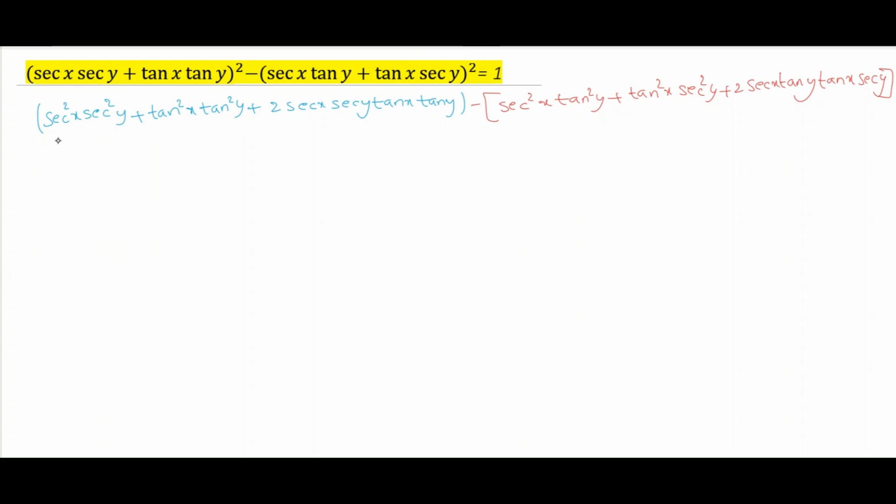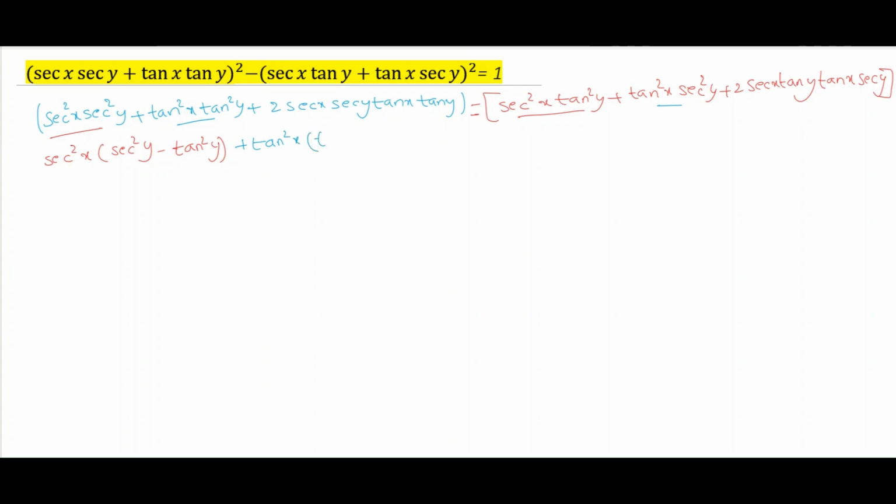Now here if we take this first term and the first term here, we can take secant square x as common. Now taking secant square x as common, we'll have secant square y, the minus here, so it is minus tan square y. Now from the second term here and the second term here, we can take tan square x as common.